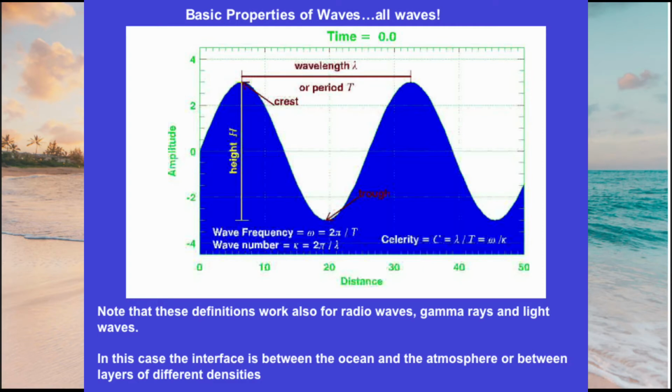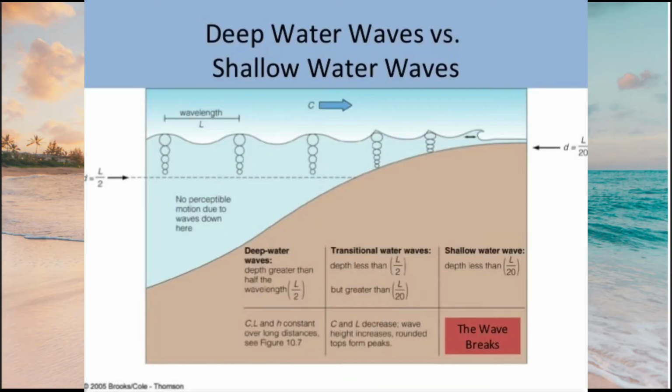Okay, so now I will be discussing the difference between deep water waves and shallow water waves. Deep water waves occur when the water below a wave is deeper than the wave base. These waves experience no interference from the bottom because the water is deeper than the wave base, which I just explained.